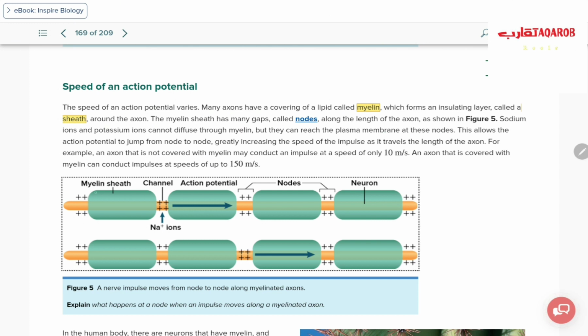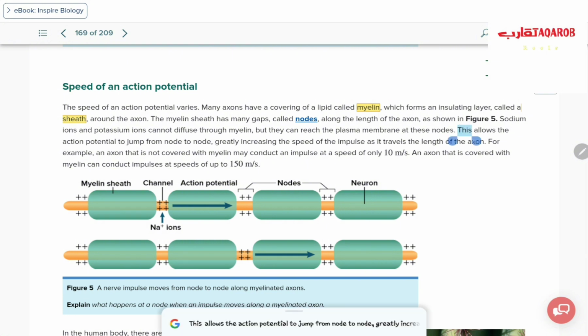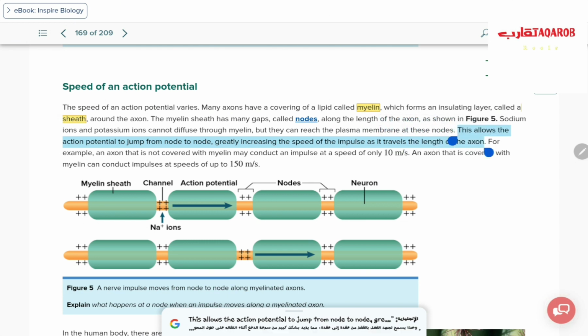This causes the action potential to jump from node to node, opening the channels, which greatly increases the speed of the impulse as it travels the length of the axon. Okay.